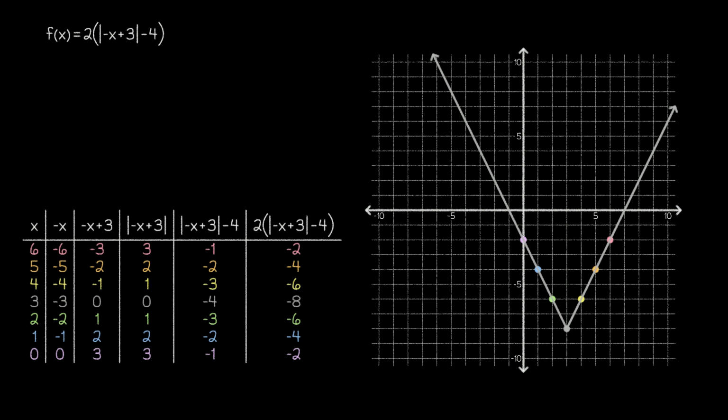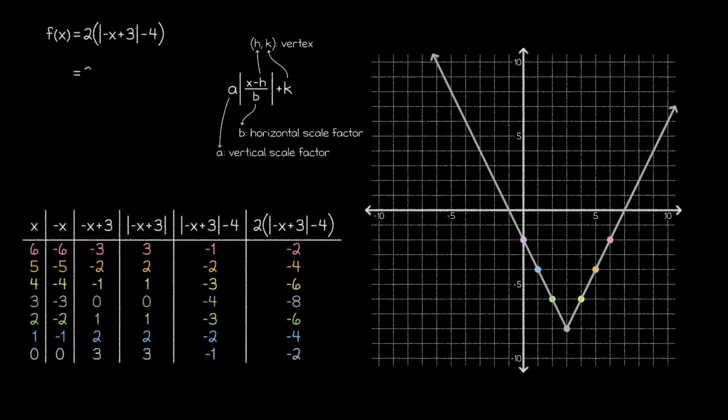It turns out that if you really want the numbers in your function to directly correlate with the shape and location of the resulting graph, your function needs to be in this format. And if your function is in this format, then A will tell you the vertical scale factor, B will tell you the horizontal scale factor, and H and K will tell you exactly where the vertex of the graph will be.